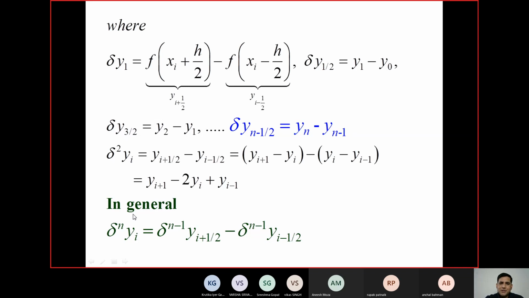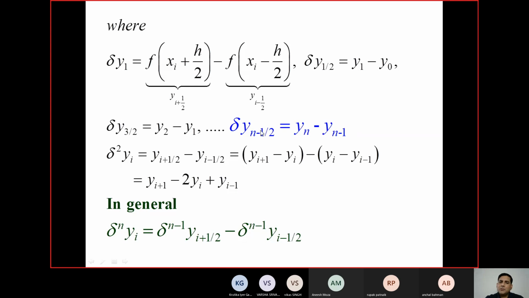In a generalized way you can write this first difference. It is called the first difference because the power here is just 1. The first central differences are calculated by this formula: delta y at n minus 1 by 2 equals yn minus y(n-1). If you substitute n equal to 1 here, you will get this. If you put n equal to 2, you will get this one.